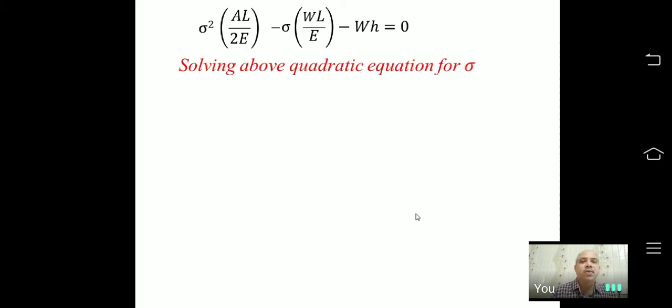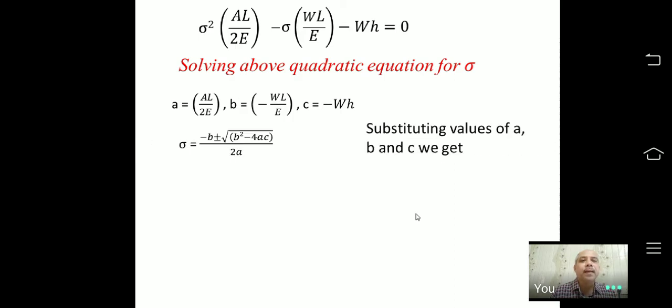So now you can see this. We have sigma square AL. Now I have simplified it, and that gives you a quadratic equation for sigma. And now you solve this. We cannot solve it directly. We have to go for the basic formula, that is sigma equal to minus b plus minus root of b square minus 4ac upon 2a.